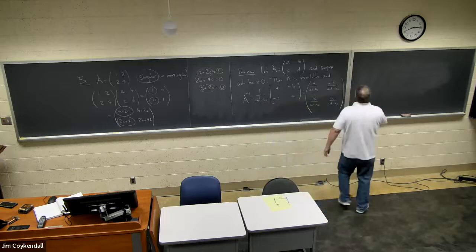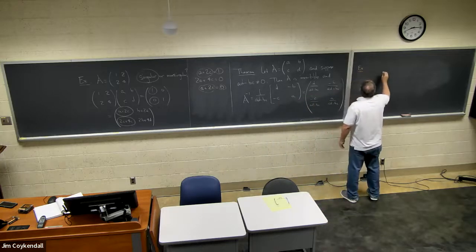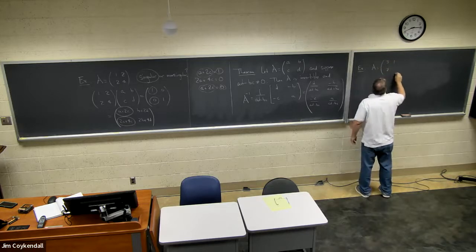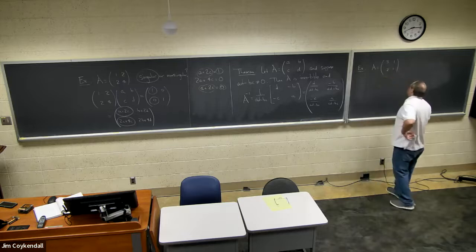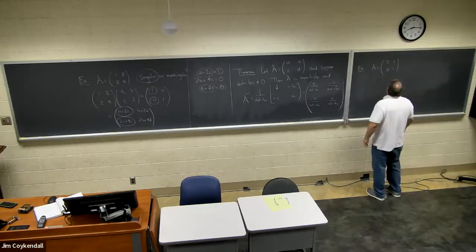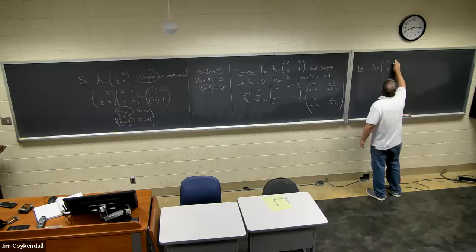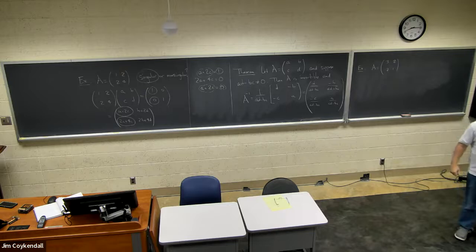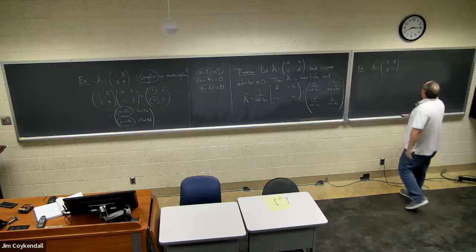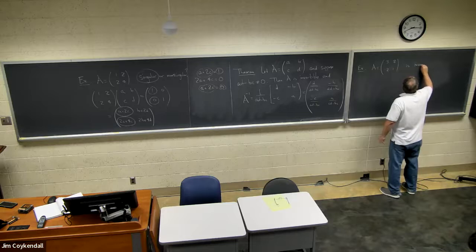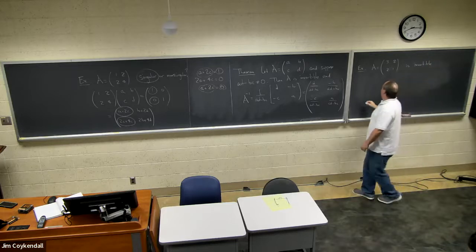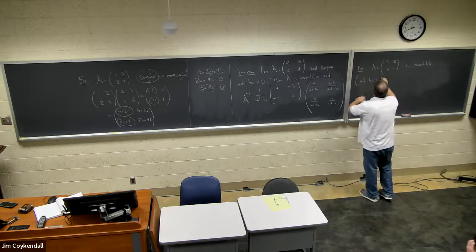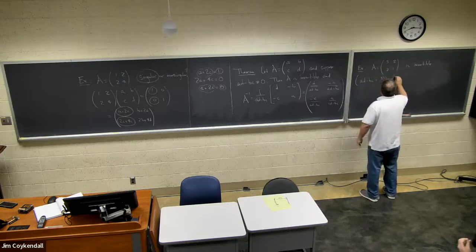So for example, in this case, AD minus BC is 3 times 1 minus 2 times 2, which is negative 1.